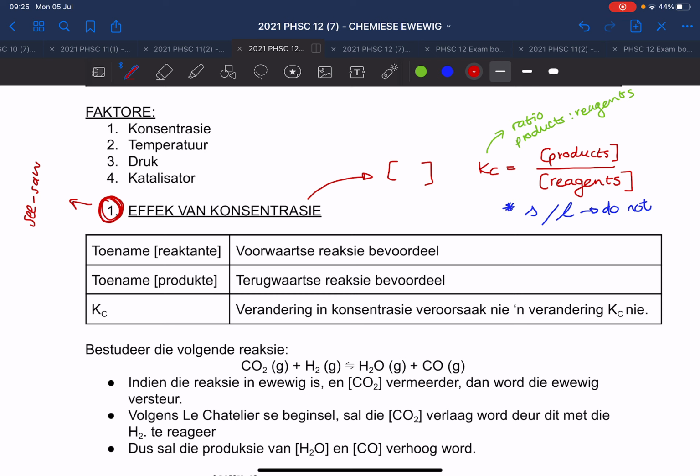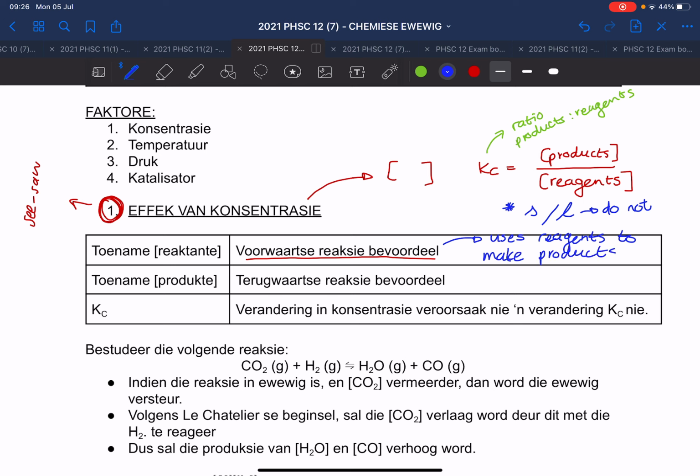And what does the reaction do back to counteract, om daar te elimineer? Okay, goed. So it says there, if we increase, toename, the concentration of the reactants, die reaktante, dan gaan die voorwaartse reaksie bevoordeel word. The forward reaction will be favored. How will it be favored? Because it uses reagents to make products.